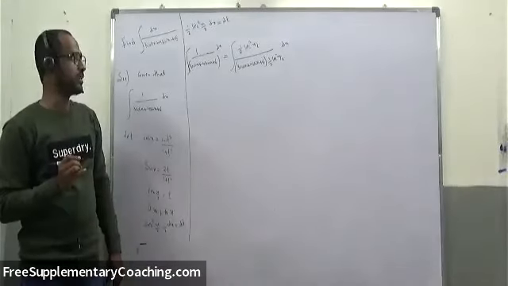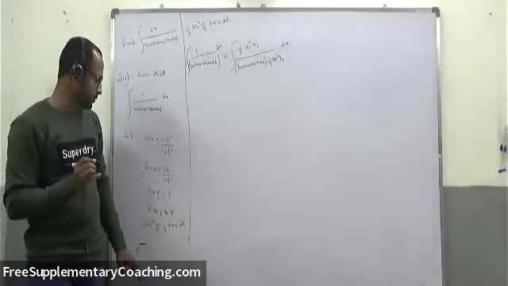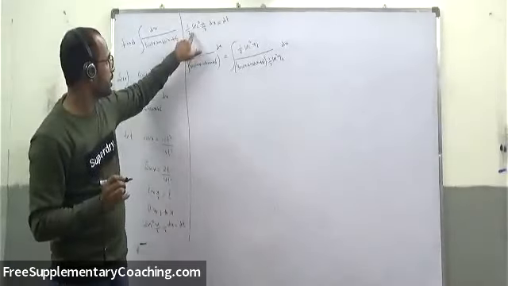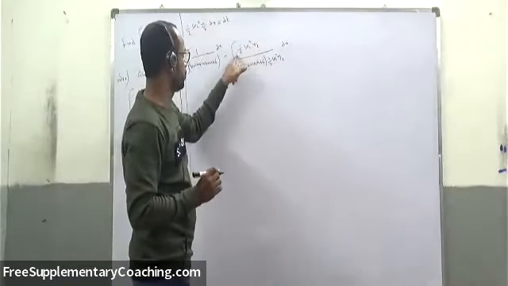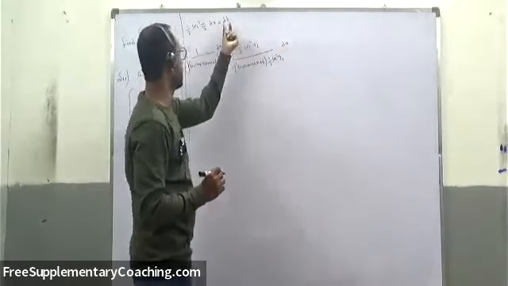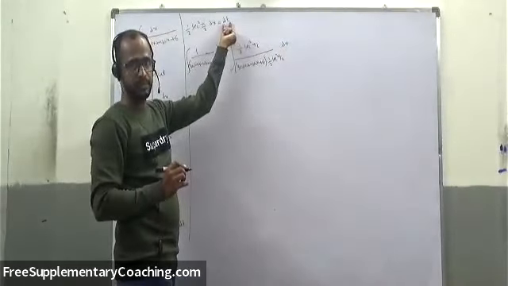Look at here, half secant square x by 2 into dx, this complete numerator with dx, it's dt, right?